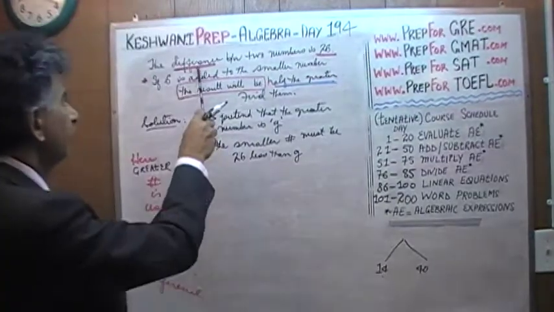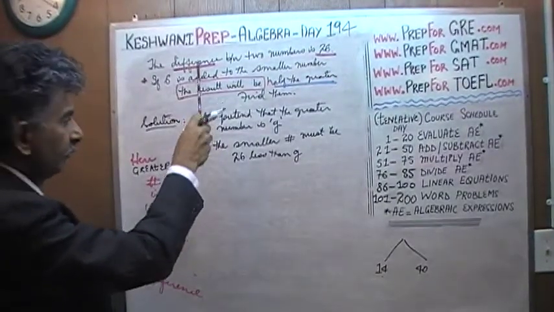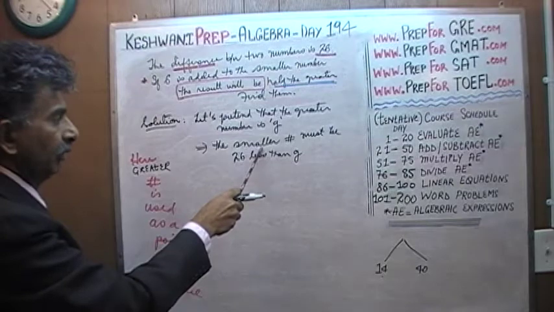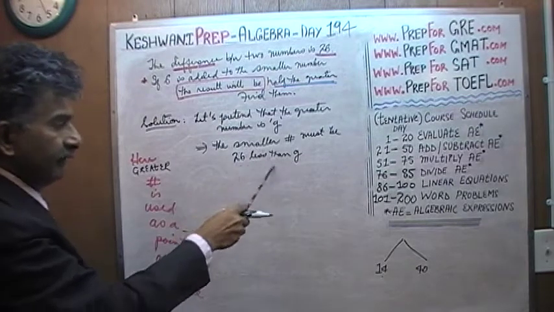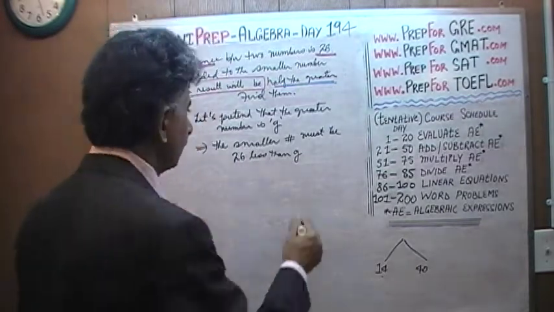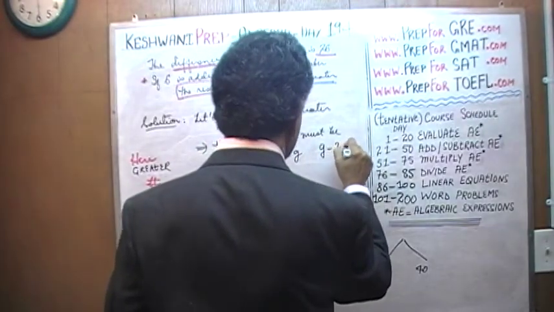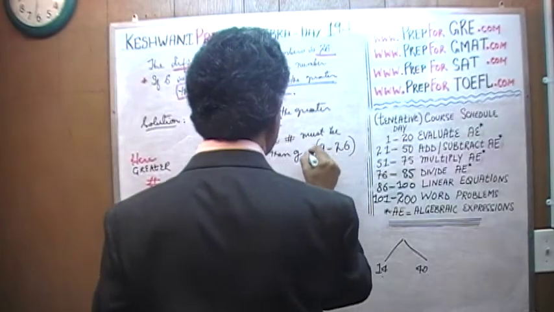Because we are told that the difference is 26. If the difference is 26 and G is the large number, the smaller number has got to be 26 less than that. And we're going to write that as G minus 26. Voila.